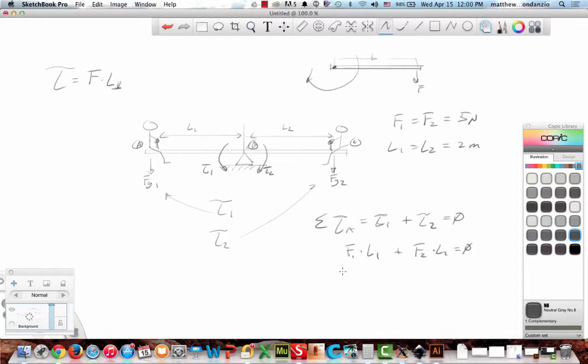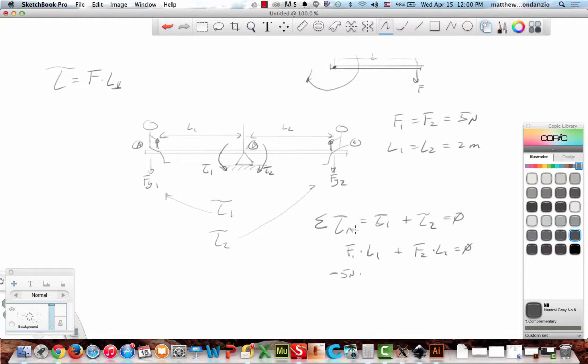So that force 1 value is going to be negative 5 newtons. How long is L1? 2 meters. L1 equals L2, each L is 2 meters.